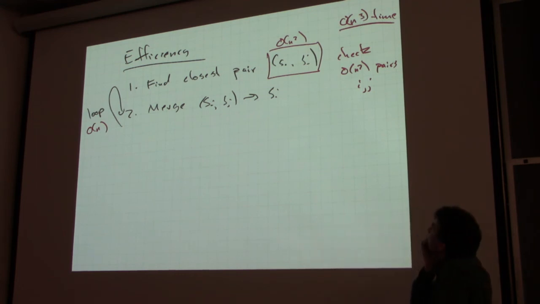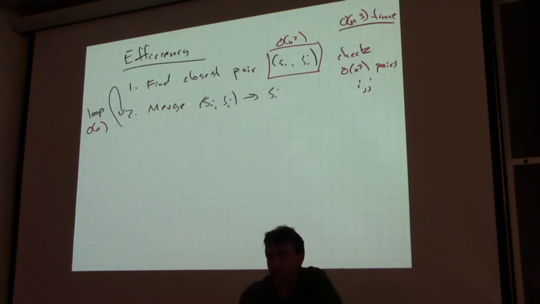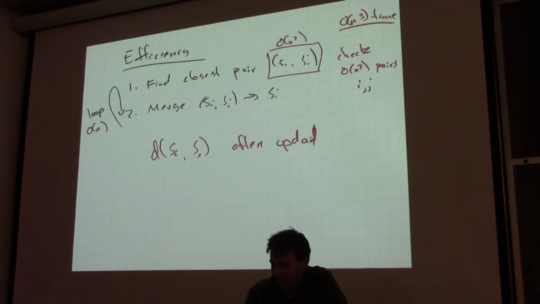So let's say, even though this cost function, this distance between two clusterings, d of Si, Sj, I can often update this on a merge in O of 1 time, or at least O of n time.